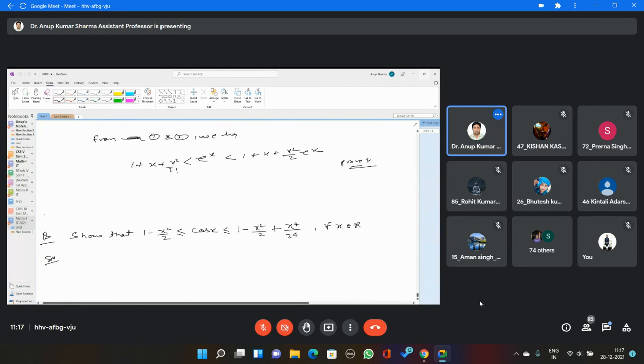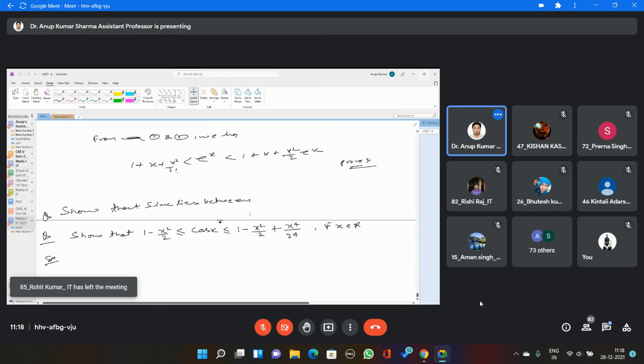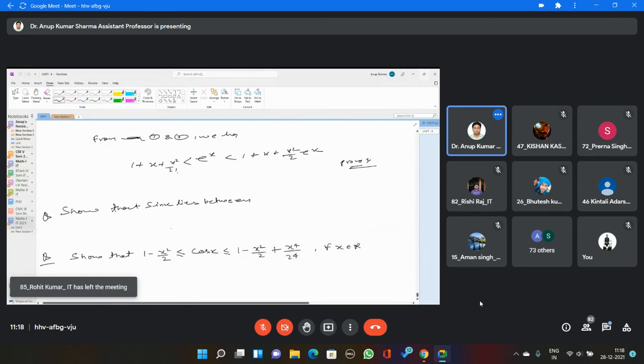The question is: show that sin x lies between x minus x cubed over 6 and x minus x cubed over 6 plus x to the power 5 over 120.